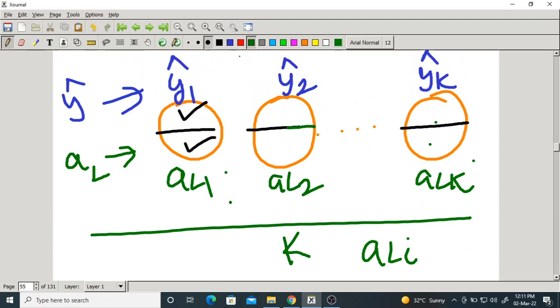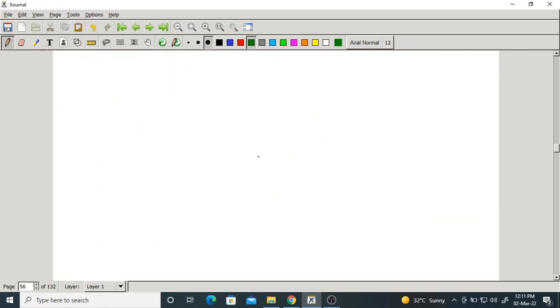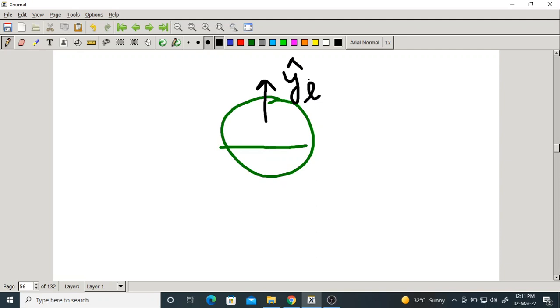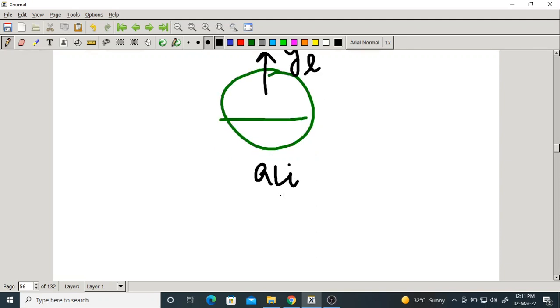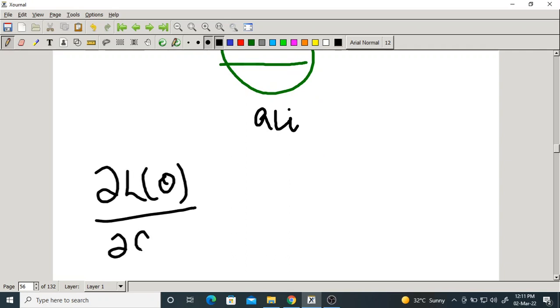So how to find this now? Here we have two parts: this is YL hat, this is ALI. So using the chain rule, I want ∂L(θ)/∂ALI.